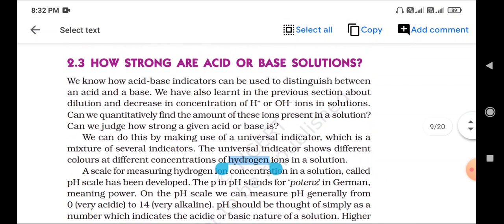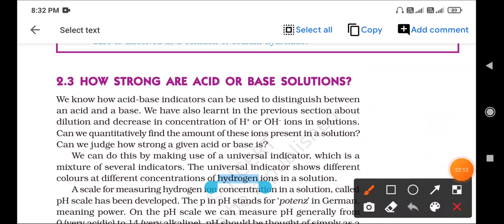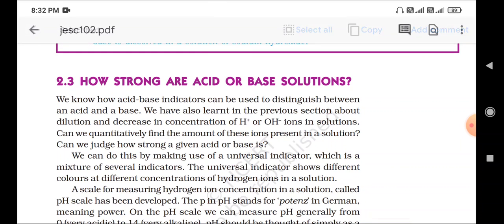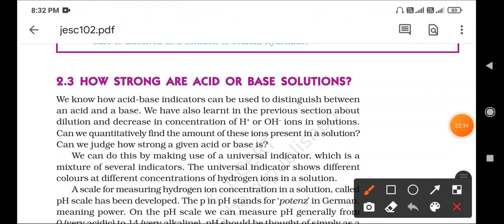Next topic is, we already know that acids produce H+ ions and bases produce OH- ions. Next, on what basis or how can we say that an acid is strong or a base is weak?